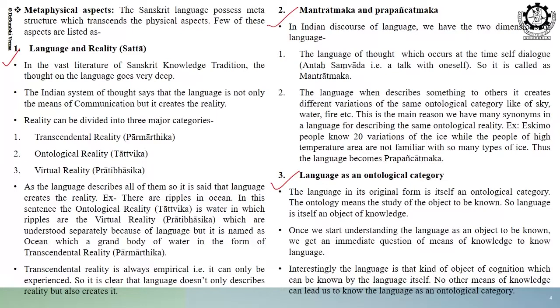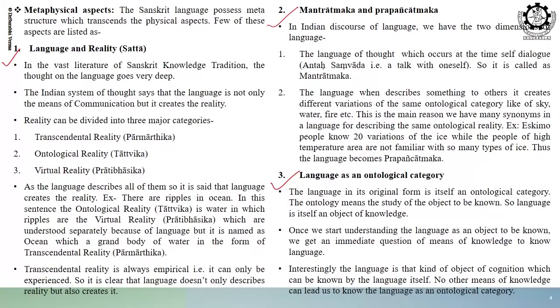In this way we have the first notion that language and reality are interconnected. We cannot separate them. So, the first target which we are going to understand and discuss elaborately will be how language is describing reality.